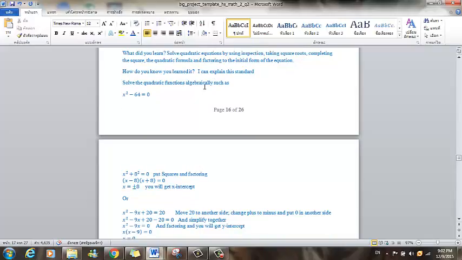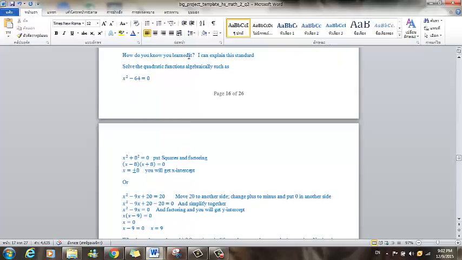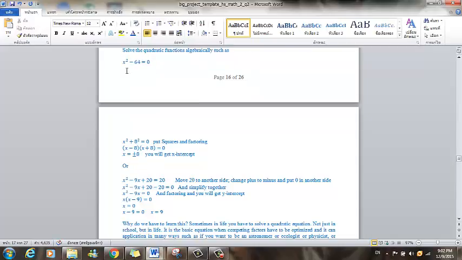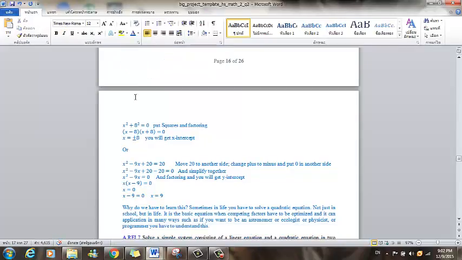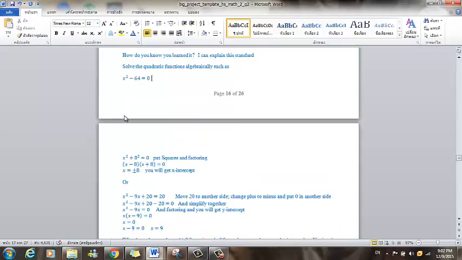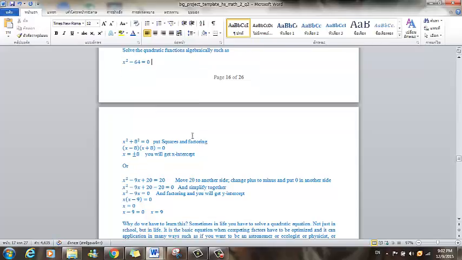So how do you know we learn this? I explain. I solve the quadratic function x squared minus 64 equals 0. We put the square and factorize. You factorize, and it's going to be equal to 0.